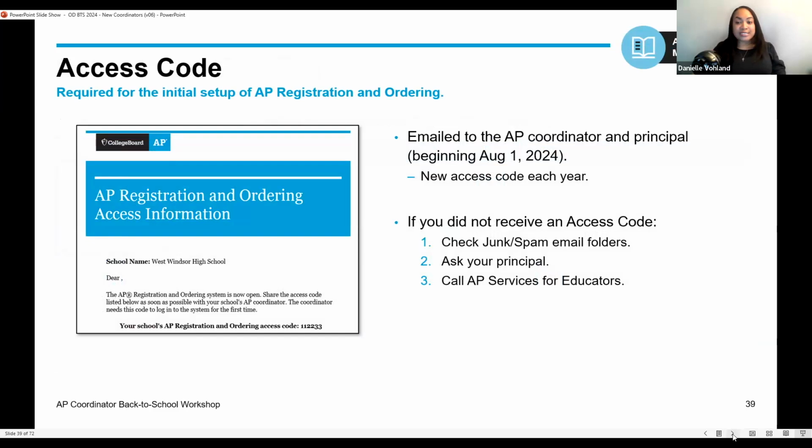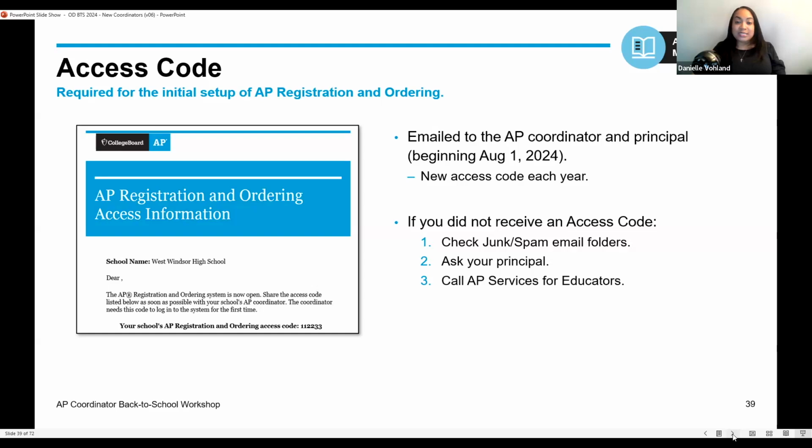The first step is the access code. The access code is required for the initial setup of AP registration and ordering. This was emailed to both the AP coordinator and principal beginning August 1st. Every year, you will receive a new access code.